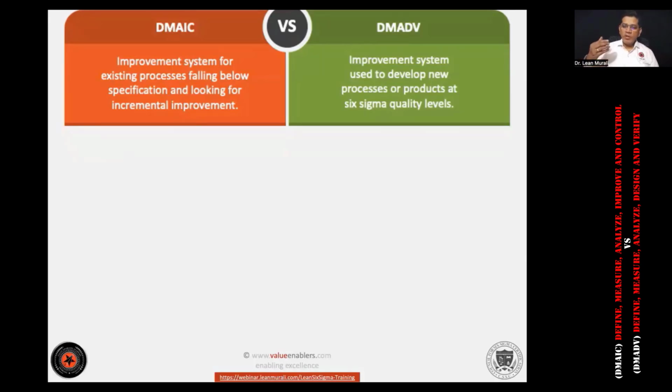So we want to improve the process because the output is not what we want. Whereas in DMADV, we want to improve the systems used to develop new processes. We are developing a new process or product at world-class quality level. We call it a Six Sigma quality level.